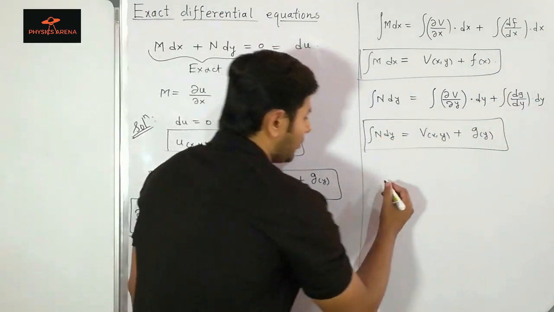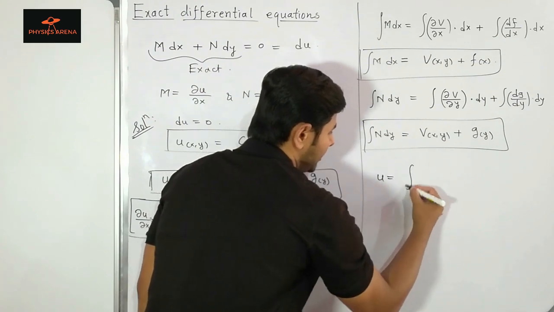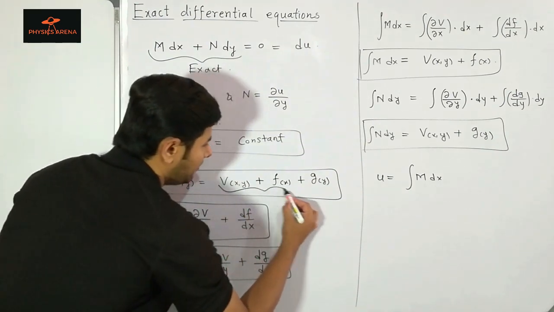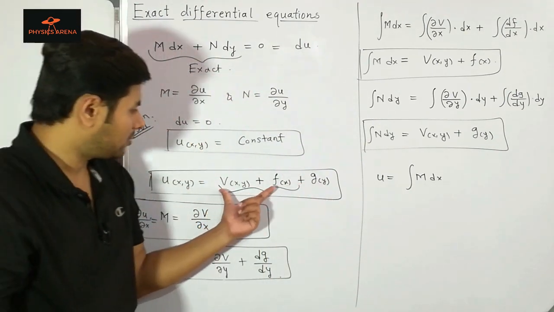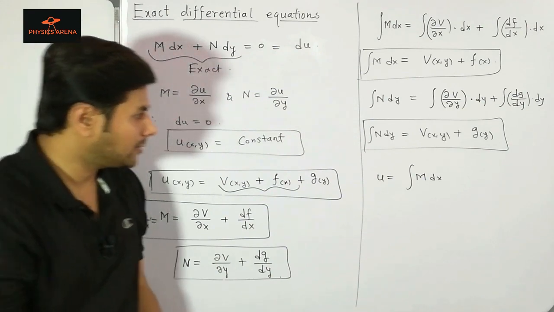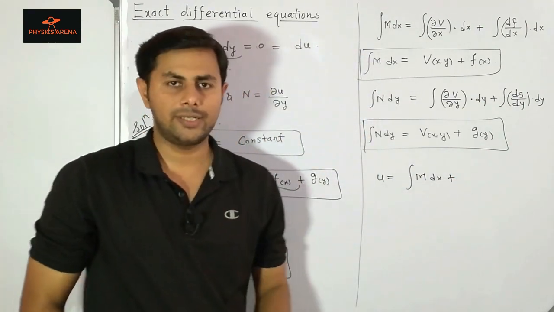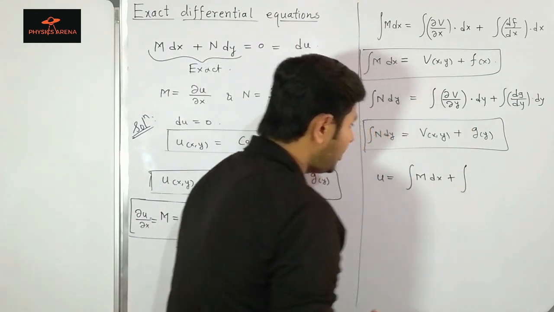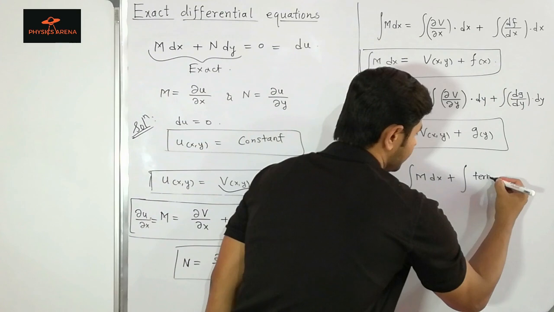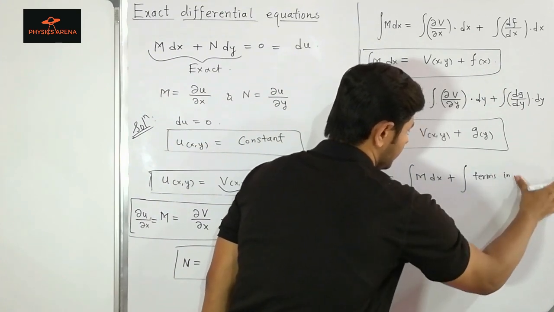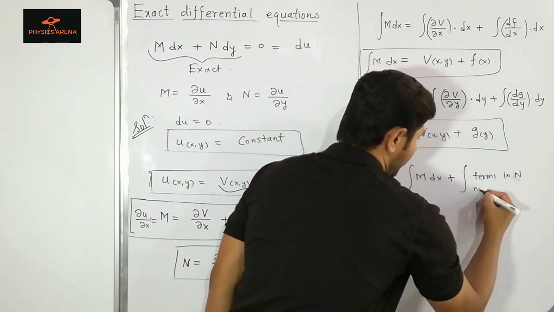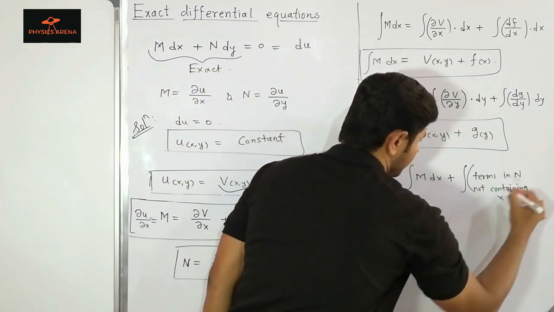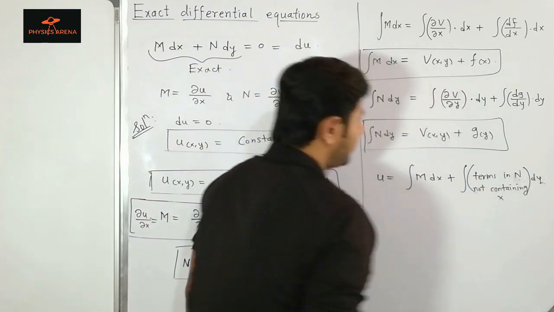So what does that mean for us? u is equal to the integral of m dx, which will give us this part of u, plus something from the integral of n dy, and that something is the terms in n not containing x, times dy.